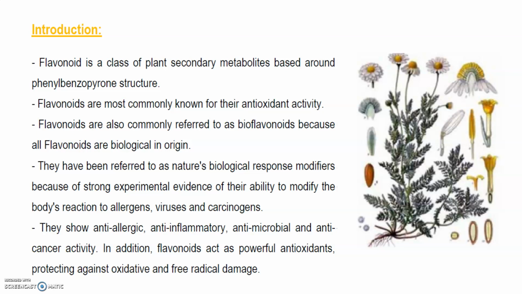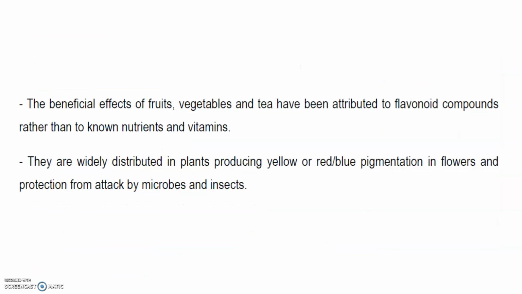You know friends, they show anti-allergic, anti-inflammatory, antimicrobial and anti-cancer activity. In addition, flavonoids act as powerful antioxidants, protecting against oxidative and free radical damage. Now friends, the beneficial effects of fruits, vegetables and tea have been attributed to flavonoid compounds rather than to known nutrients and vitamins.